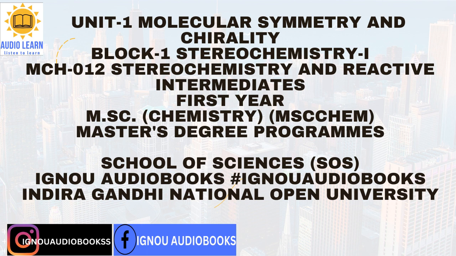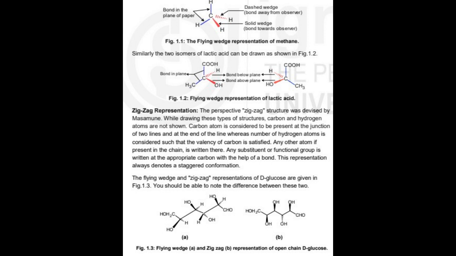The bonds which are in the plane are shown by ordinary lines, but the bond above the plane is usually shown by a solid wedge, and the bond below the plane is shown by a broken line. For example, methane can be represented by flying wedge structures as shown in Fig. 1.1 given below. Fig. 1.1, the flying wedge representation of methane.